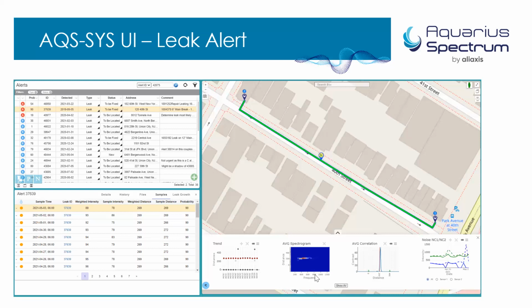And we can see here on the spectrogram that goes between 1 hertz to 1200 that we have a very nice correlation, and very intense correlation that is done also at the same distance. In this case, it's a metallic pipe between 400 and 600 hertz here. A very intense correlation being done, also contributing to the high probability in this case.